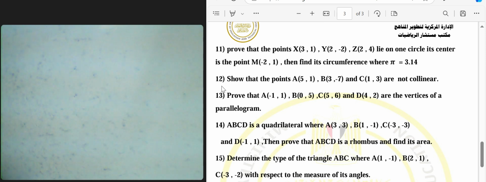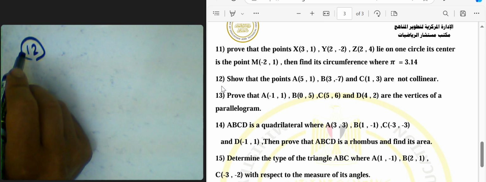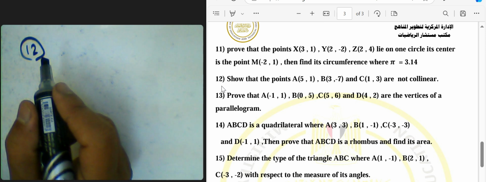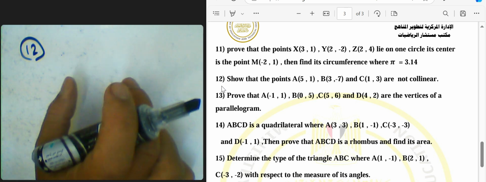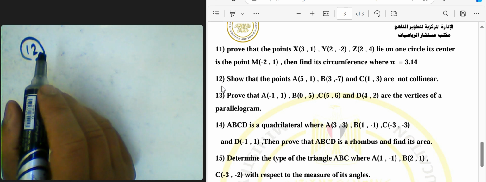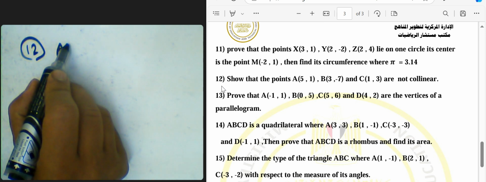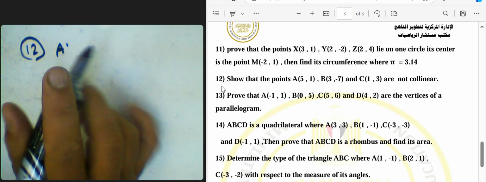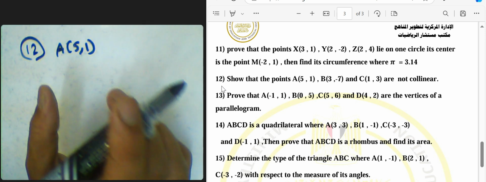Next, question number 12. Show that the points A, B, C are not collinear. Not collinear means the greatest length is not equal to the sum of the other two lengths. So, first step, about question 12, you must find the length AB, and to find the length between A and B, you must use the rule.